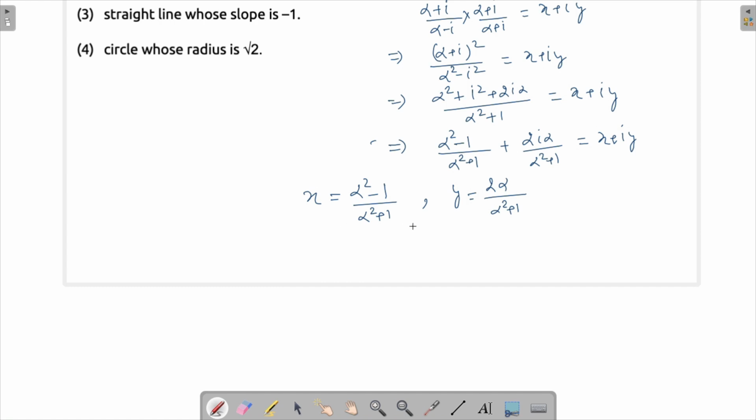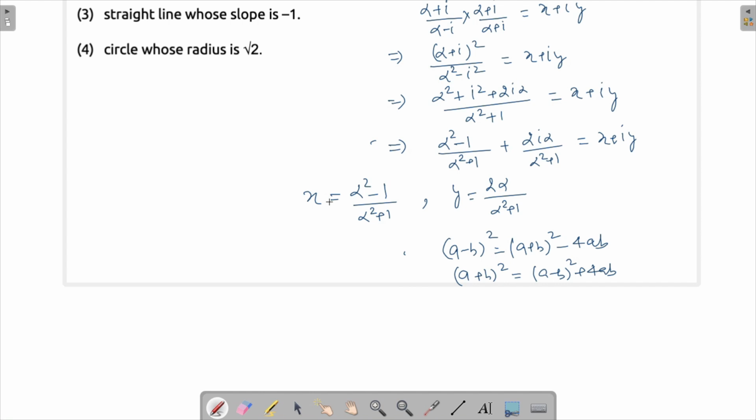And what we can see here is one relation, which is generally, let me write this in another way first. We know that a minus b whole squared is equal to a plus b whole squared minus 4ab, right? Or we could also say that a plus b whole squared is equal to a minus b whole squared plus 4ab.